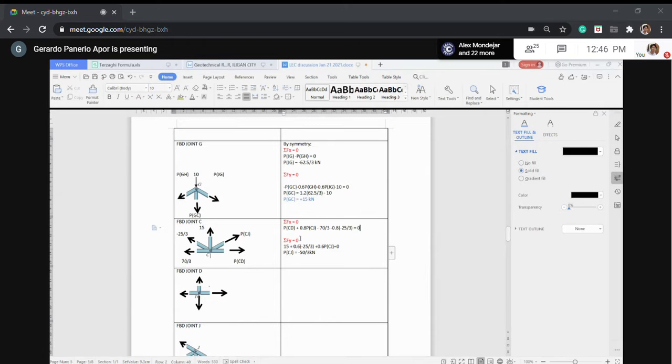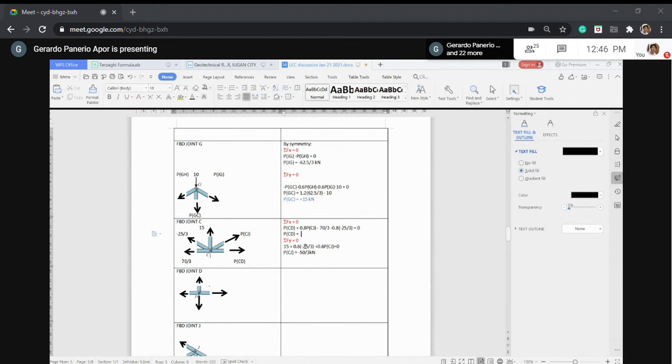Okay, so we can solve PCD. PCD equal to, so all the negative is transposed to the other side, it will become positive. You have 70 divided by 3 will become positive. But the negative 0.8 times negative 25 divided by 3 will be positive. When it converted to the other side, it will become negative. So we have minus 0.8 times 25 divided by 3.